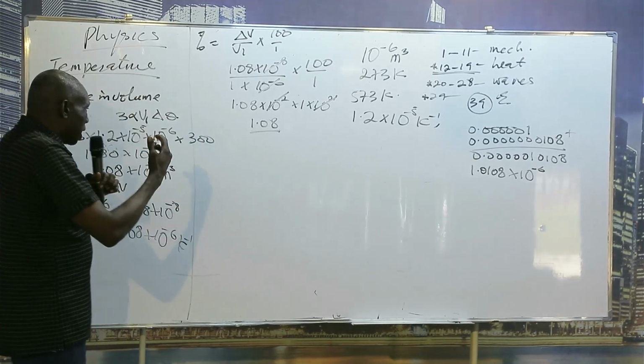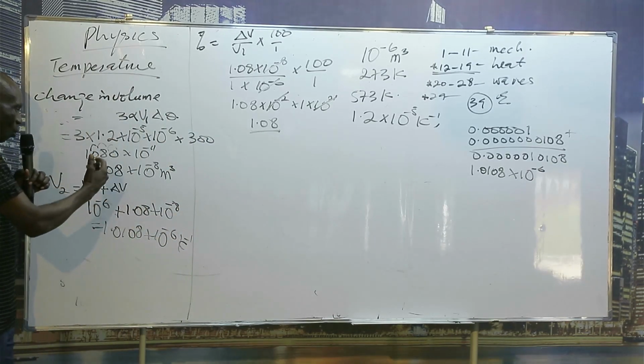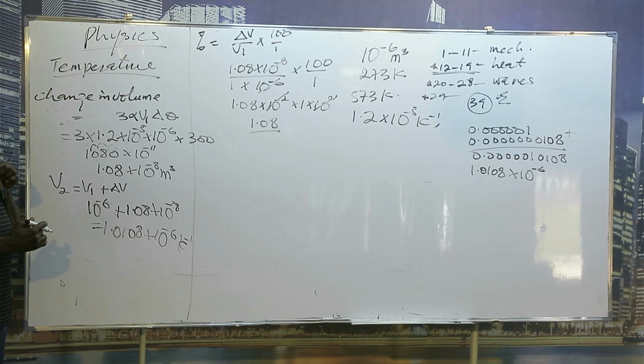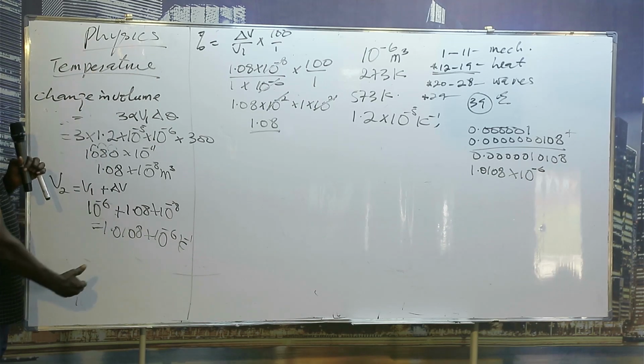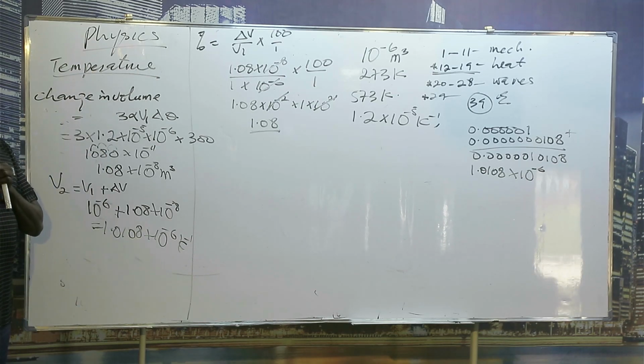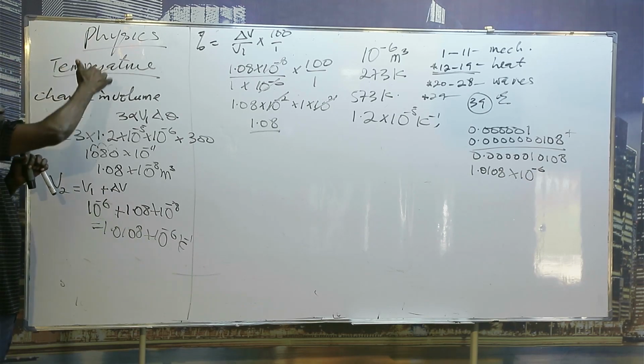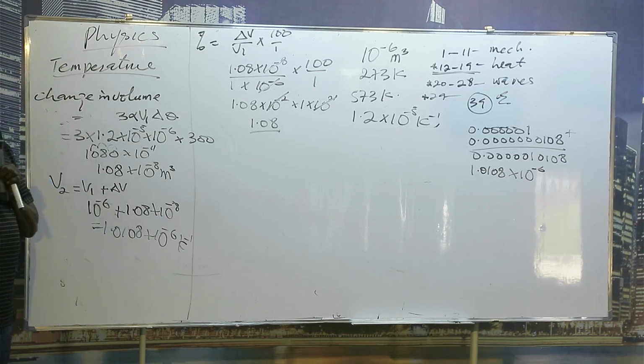I took time to explain this back one by one, to go through it again. Meaning that for us to go through this, it's just a long process. During revision, I will use quick means. I don't want to start using those short means now. I'll use very short means for revision, because by that time, you're already used to all these formulas.